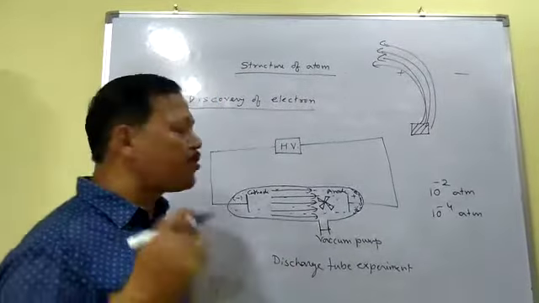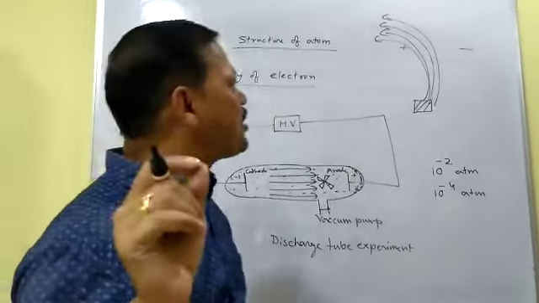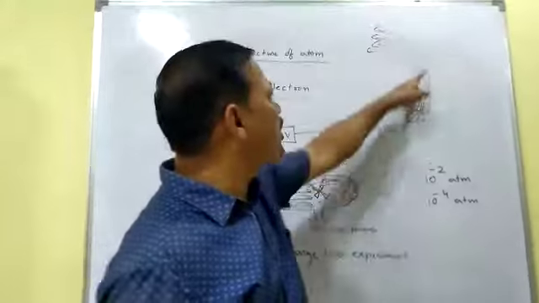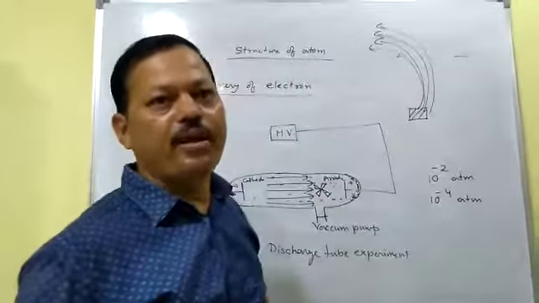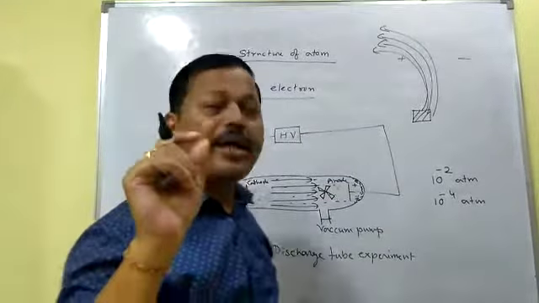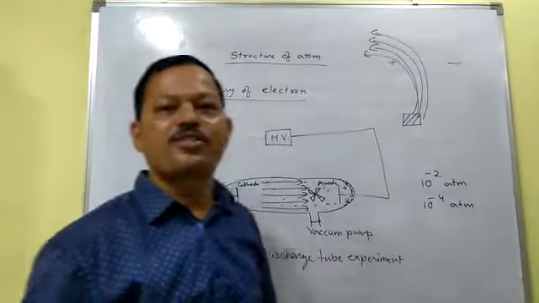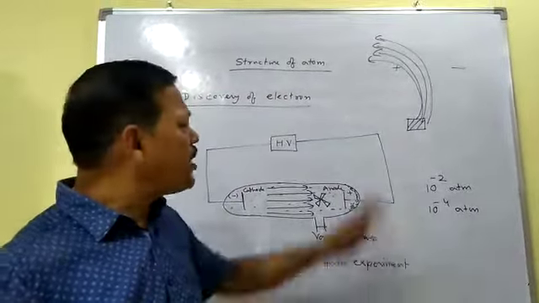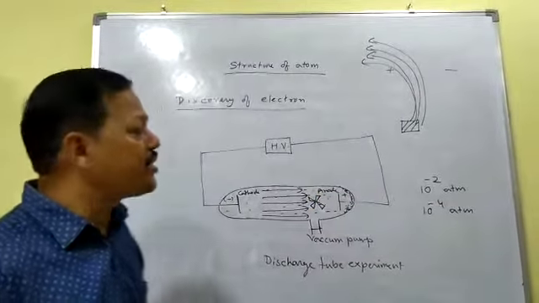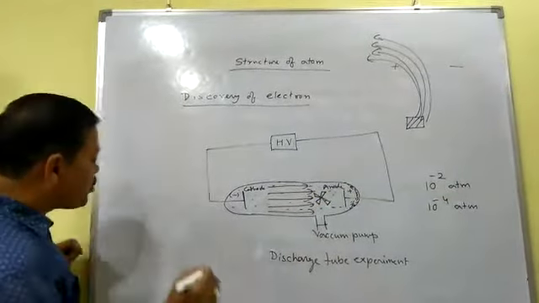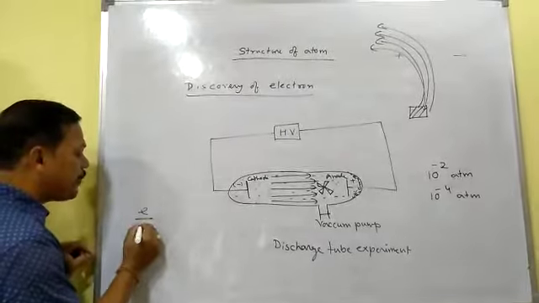That means cathode rays contain some particles, and these particles are negatively charged, and that's why they move towards the positive field. And these negatively charged particles are named electrons. Actually, electrons were discovered this way. After discovering this electron, one of the scientists, Thomson, discovered the e/m value for the electron.